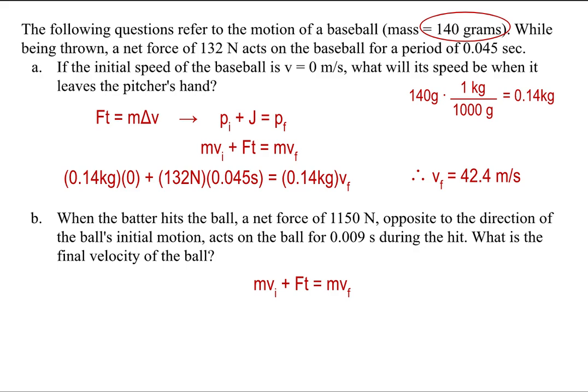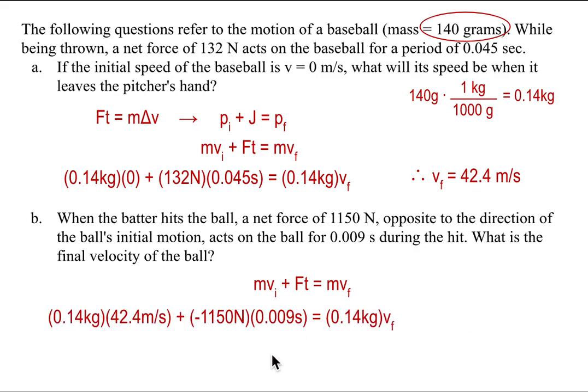We would start with that same idea that the momentum of the ball, which would be its mass times this velocity that we just found, is going to be affected by this new impulse, this new force times a different time. And that will determine the momentum of the ball after it's been hit. So I want you to notice a few things here.